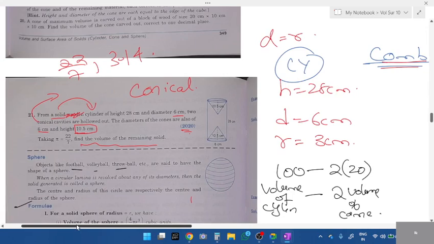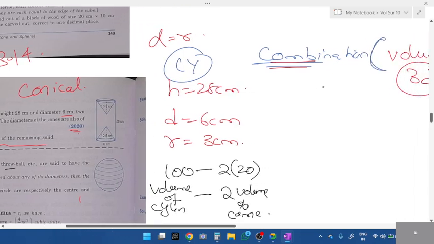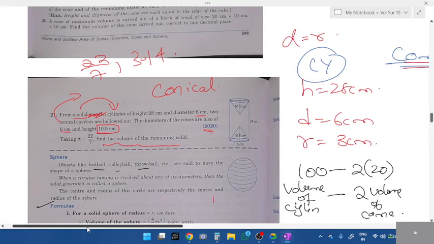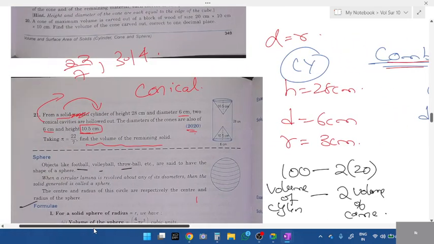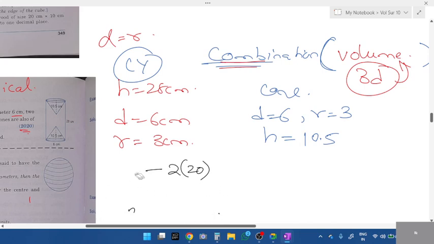Now for cone, what are the data given for cone? Diameter is same, height is 10.5. Cone diameter is 6, therefore radius is equal to 3. Height is equal to 10.5. All of you will first find volume of the cylinder, students.